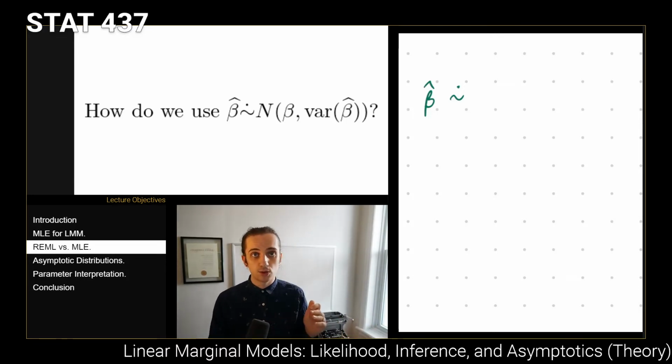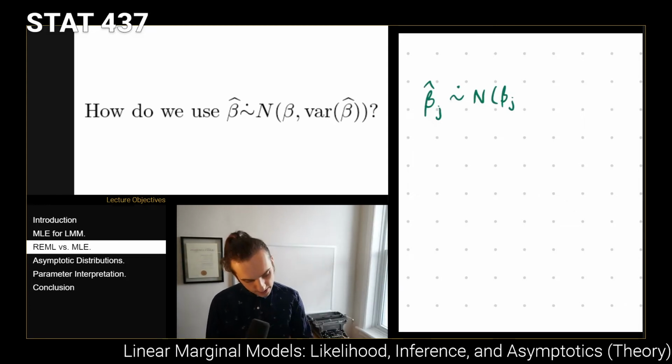And the key result that we're going to be looking at is that when we have this normality condition on beta hat, what we're also going to find is that if we take any component of it, so beta hat j, this is going to be approximately normally distributed with a mean of the true value beta j, and the variance is going to be the variance of beta hat j, right?